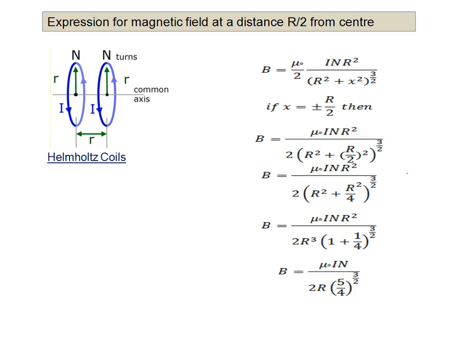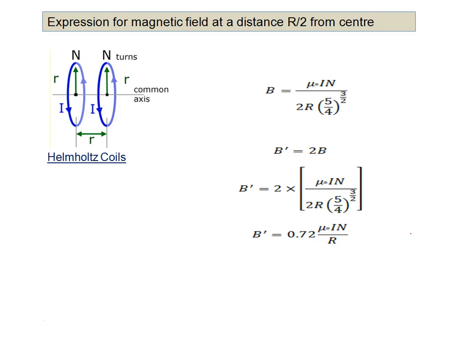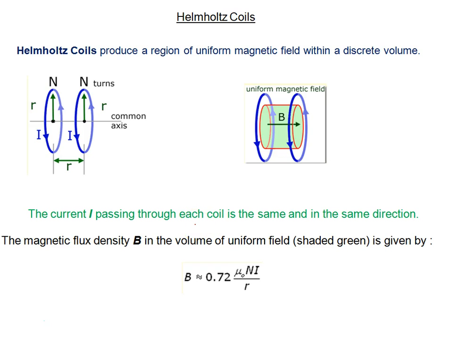So now we will discuss the solution. We are putting x equal to plus minus r by 2, then finally it is twice of B. So all of you just remember this formula, 0.72 mu naught I n by r. Again I will show you this formula. So finally we say the Helmholtz coil produces a region of uniform magnetic field within a discrete volume. I think I have shown the shaded region in the right hand side diagram.